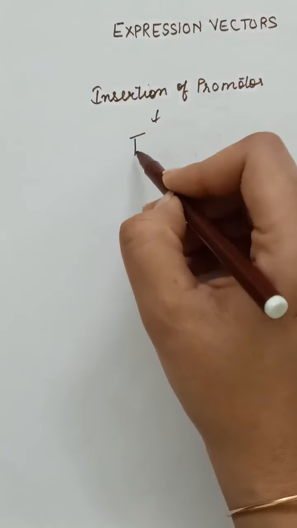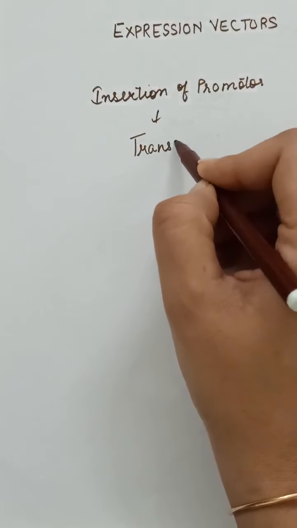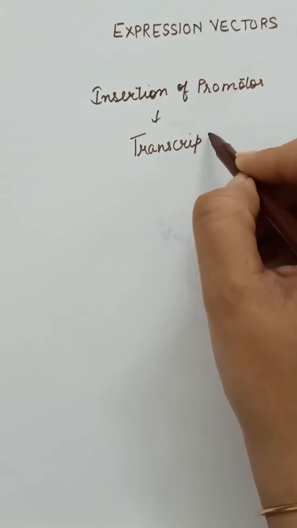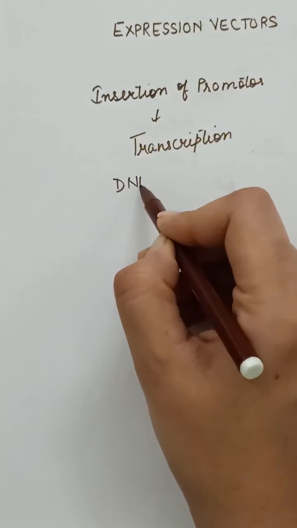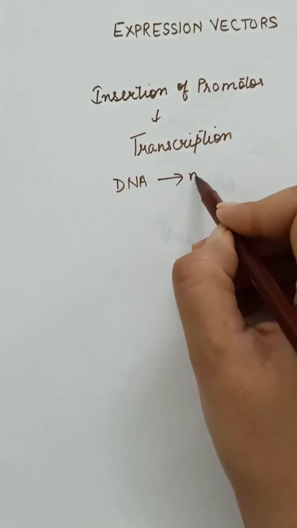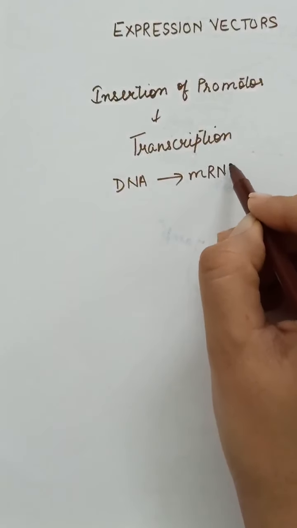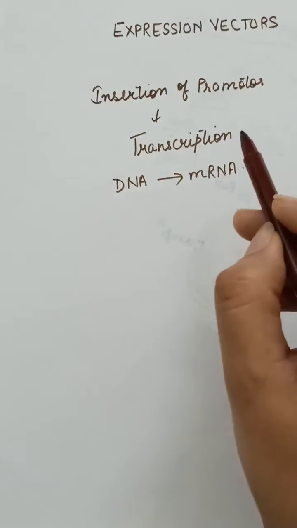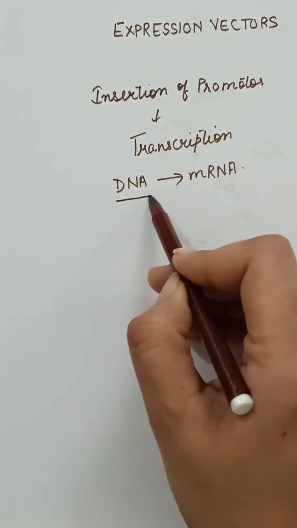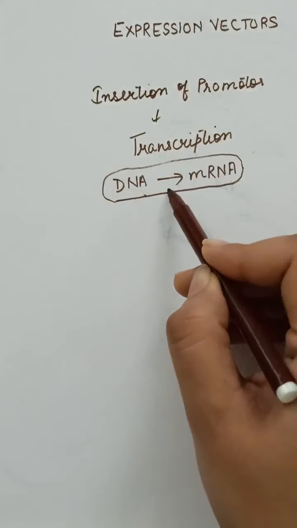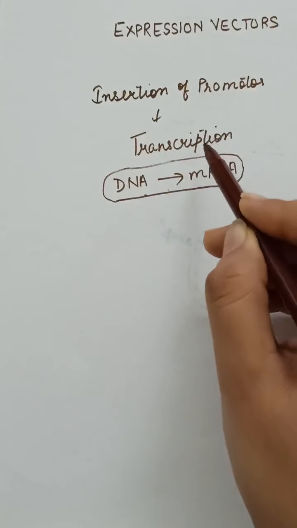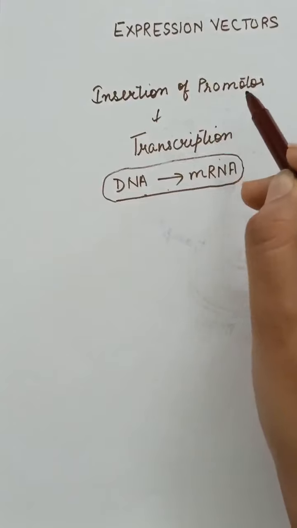What is transcription? Transcription is when our DNA is converted into messenger RNA. The sequence used in this process of transcription, we have to insert in our vectors.